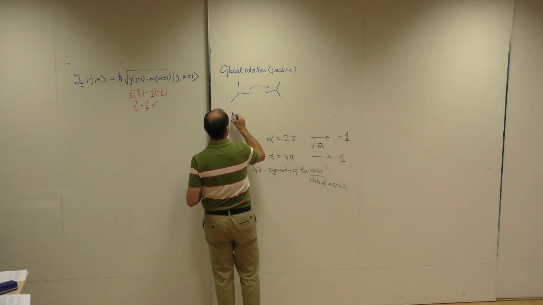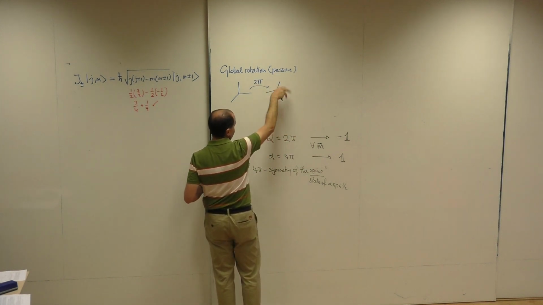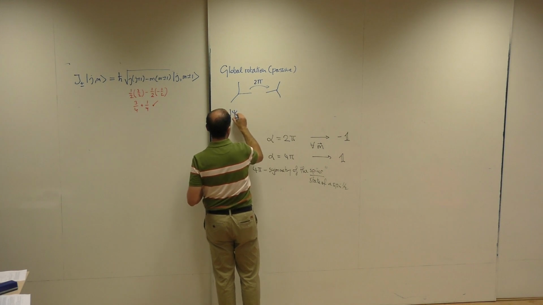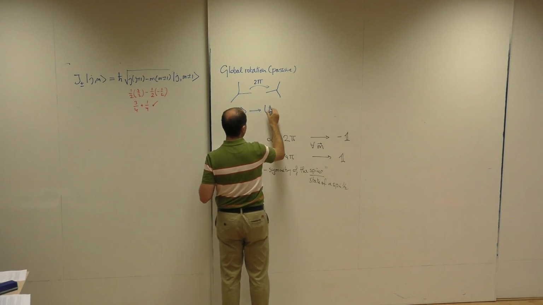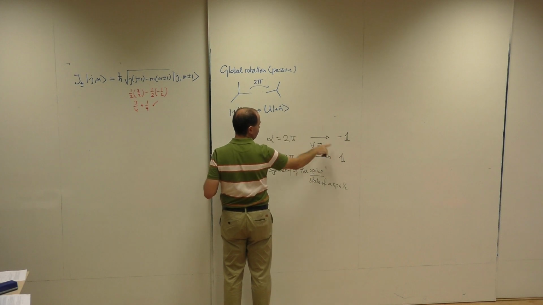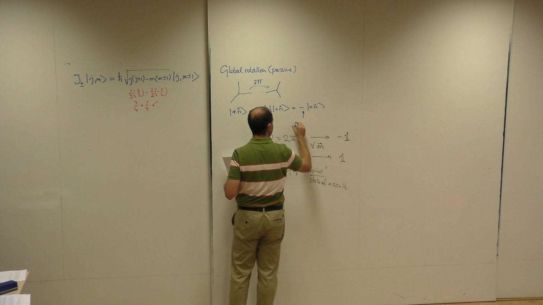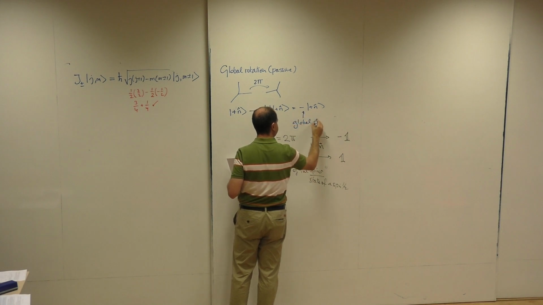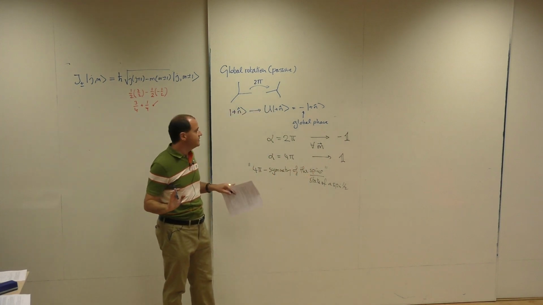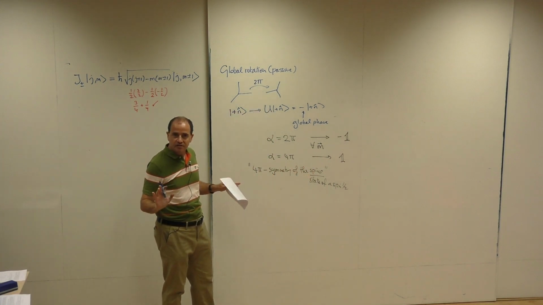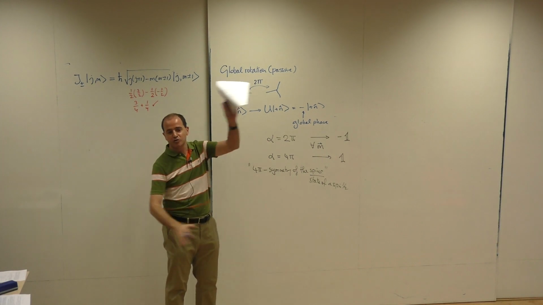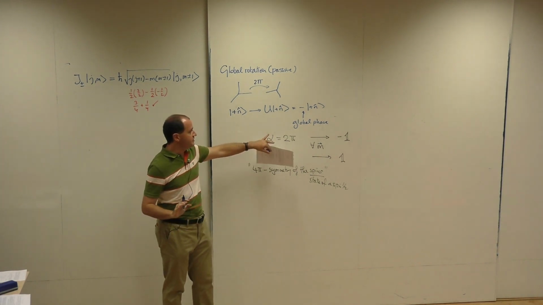Every state, let's do the states with qubits, every state plus n goes into U times plus n, and U is this, minus plus n. This is a global phase, so we can get rid of it, it doesn't matter. So, thank God, if I really do a rotation of my whole space by 2 pi, the physics doesn't change.